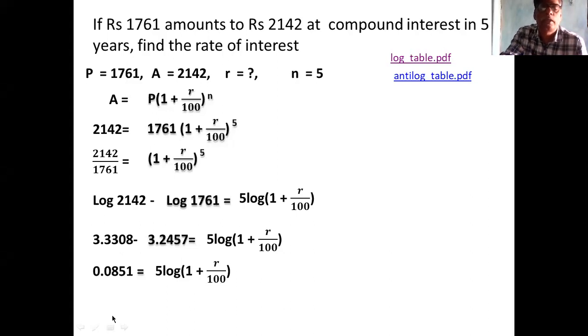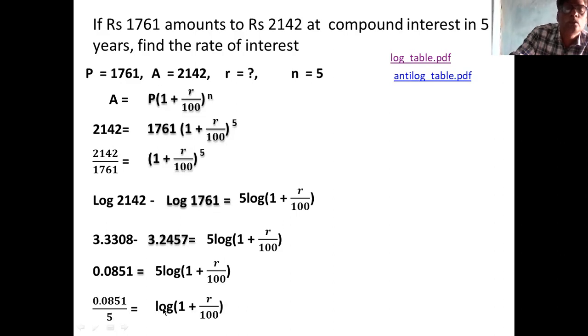Then you take this 5 to left hand side. 0.0851 divided by 5 is equal to log 1 plus r by 100. What is the answer? 0.0851 divided by 5 is 0.01702.